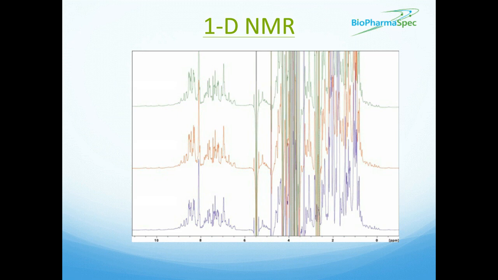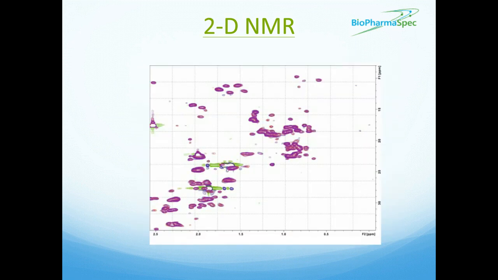Moving on, you can also do 2D NMR, and in this case we generally perform hydrogen-carbon 2D NMR rather than nitrogen-hydrogen 2D, basically because of the increased intensity of carbon-13 compared to nitrogen, and as a result there's also more carbon in a protein than there is nitrogen.